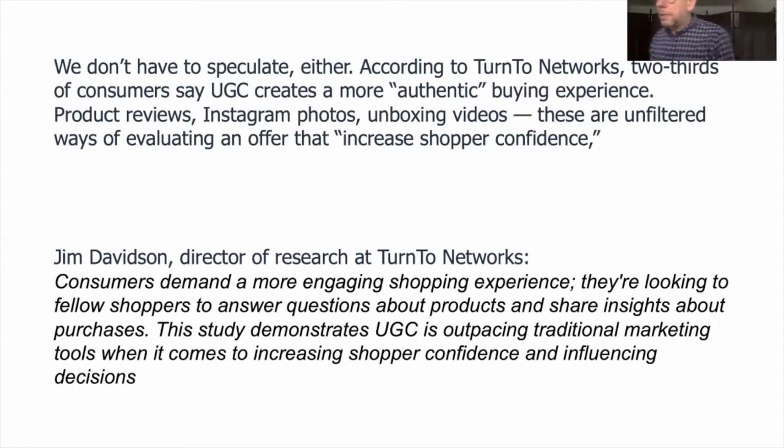A recent survey found that two-thirds of consumers say that user-generated content creates a more authentic buying experience. So they will rely on reviews. You know, when we go to Amazon or any website, we read the reviews. We will look at YouTube for different people unpacking products.